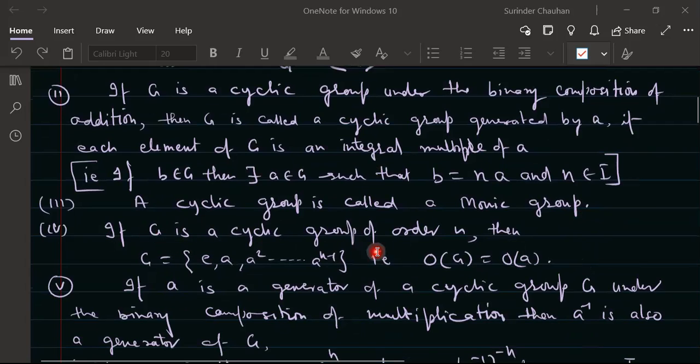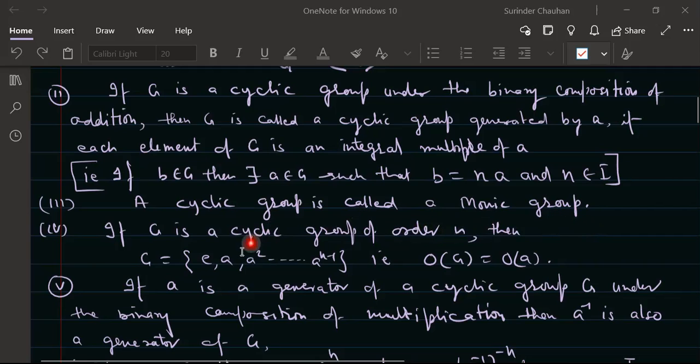If G is a cyclic group of order n, it is generated by some element a of G, and the order of that element is n, meaning the nth power of the generator equals the identity element.